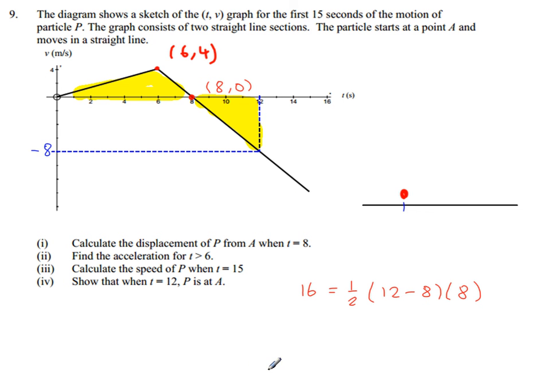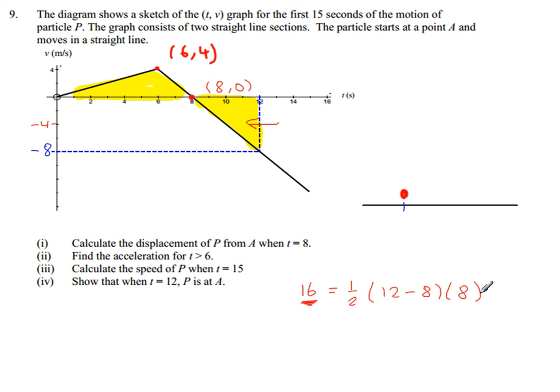So looking at the area of this triangle, it's going to be 16, so half the base, which is 12 minus 8, times the height of the triangle. So we're just looking at the scale here, so if that's 4 meters per second, that's going to be minus 4 and minus 8. So I know that this length here is 8.